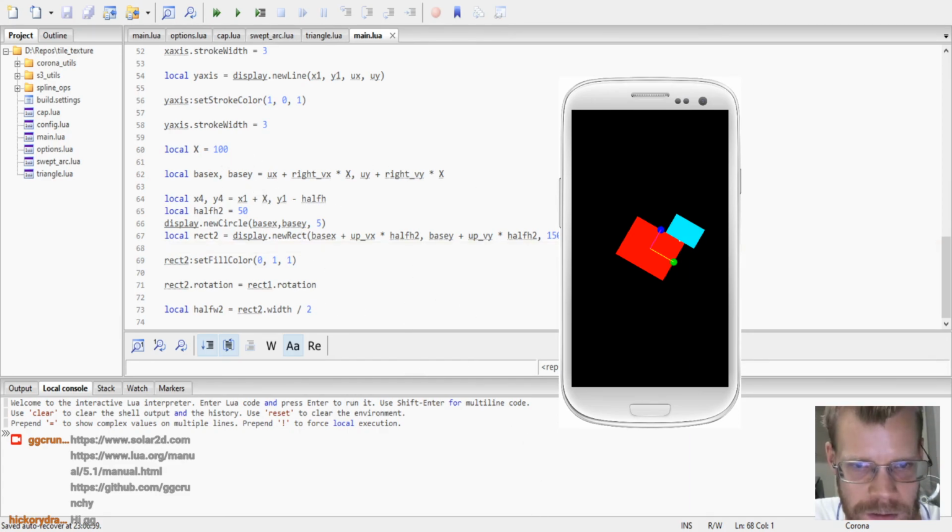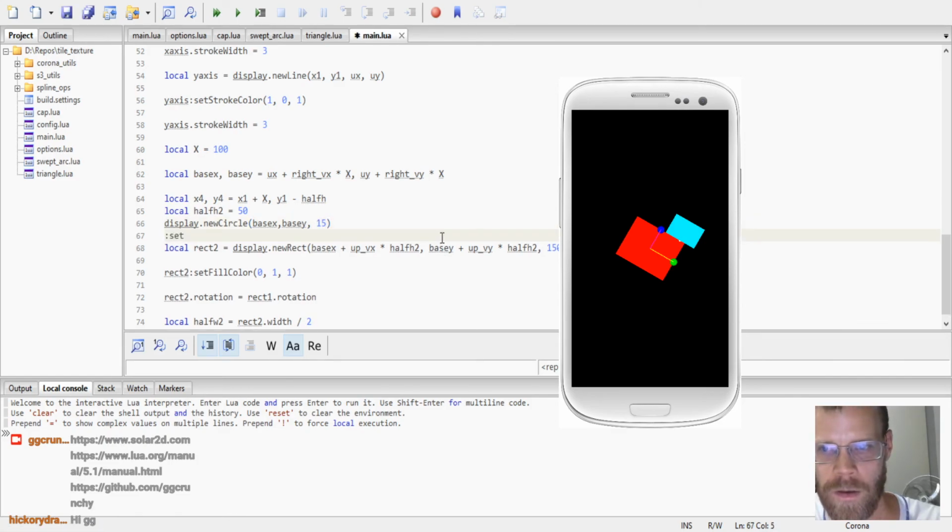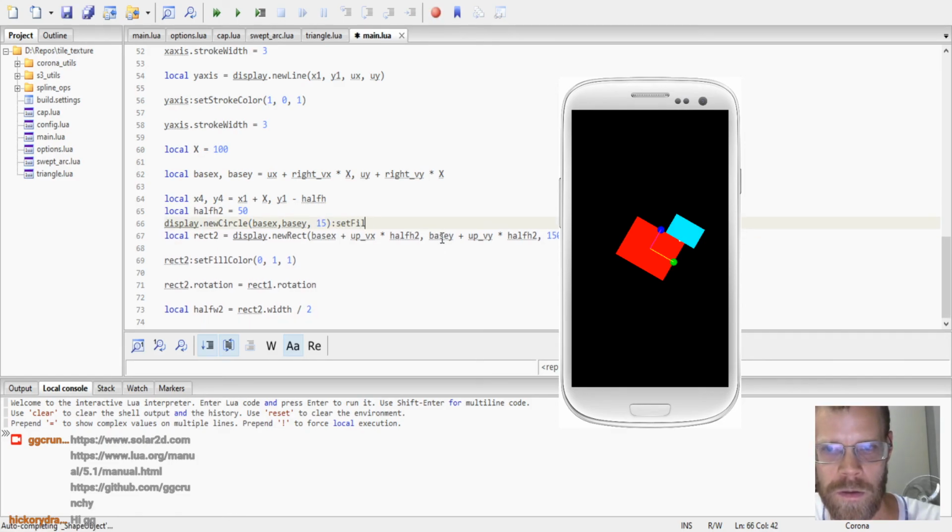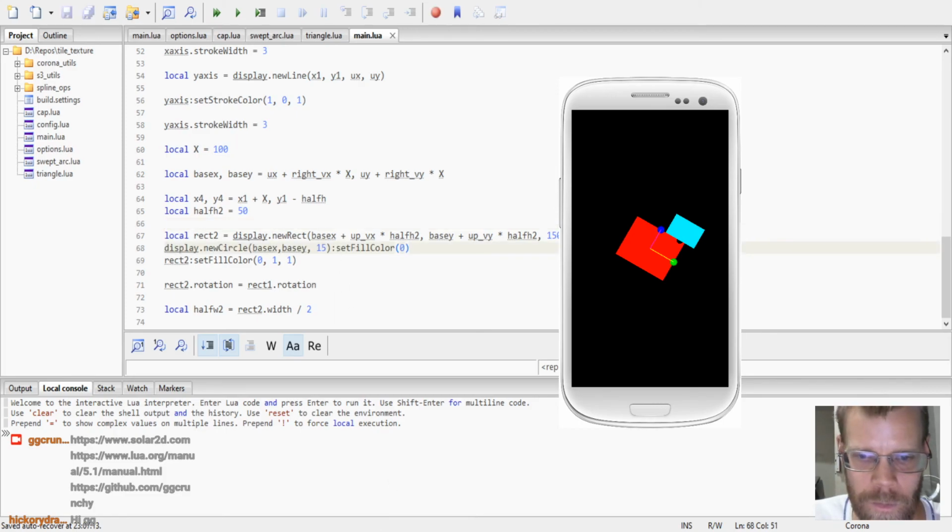That's a little bit hidden, isn't it? I'll darken that. And it's being drawn last, so I'll draw it after the rect. Okay, so there.